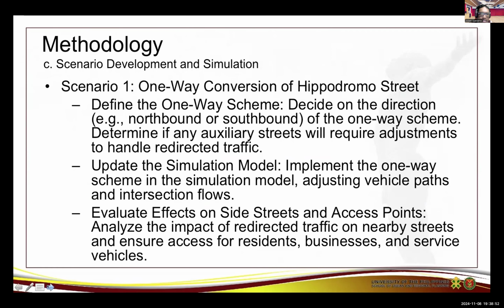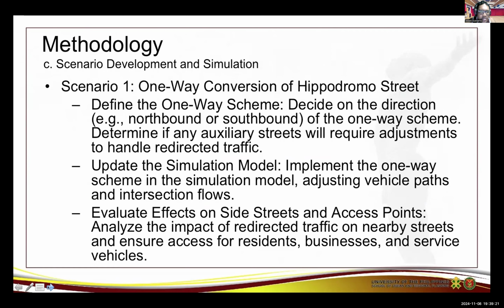Then using the model that we did at letter B, we will simulate or implement the one way. We will change the whole baseline so we can know what will happen. We will evaluate the effects on the streets that are connected to Hippodrome Street, sir. So what will happen to the links?